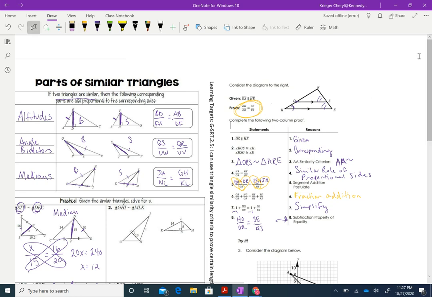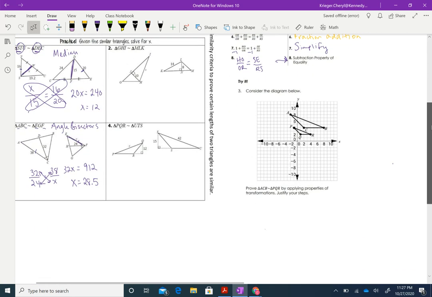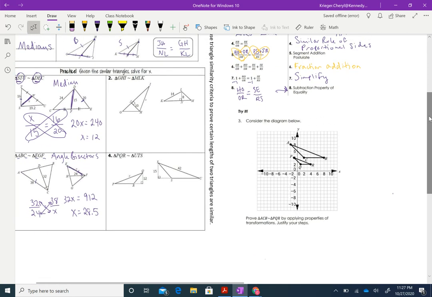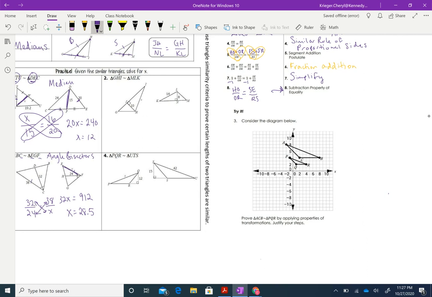Okay, one more problem. Prove triangle ACB and triangle PQR are similar by applying properties of transformations. All right. So we're looking at the two triangles, and they do look similar.